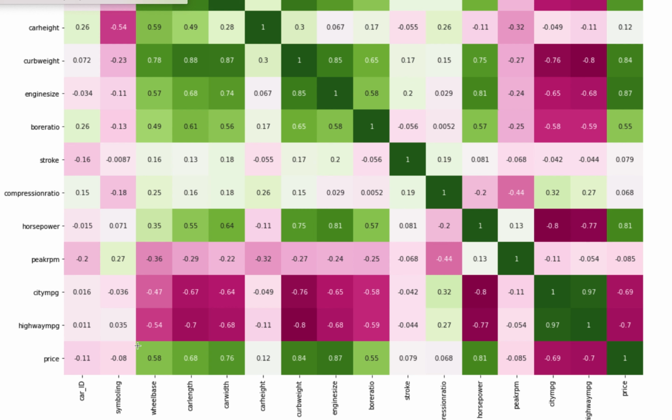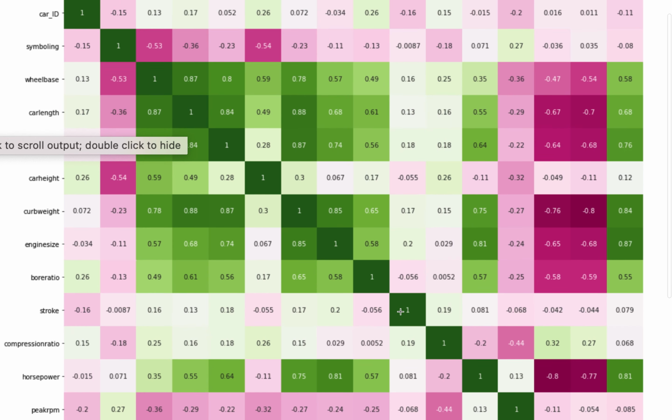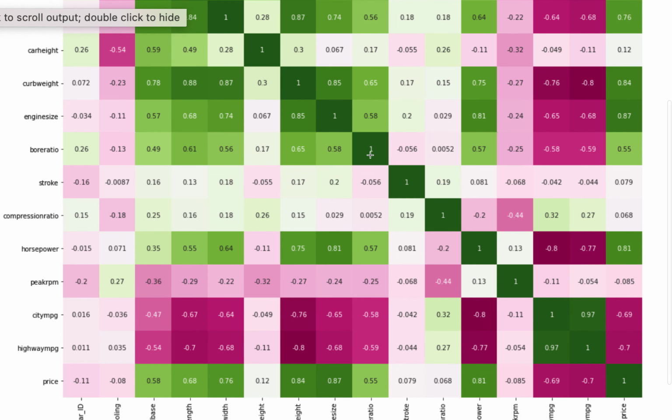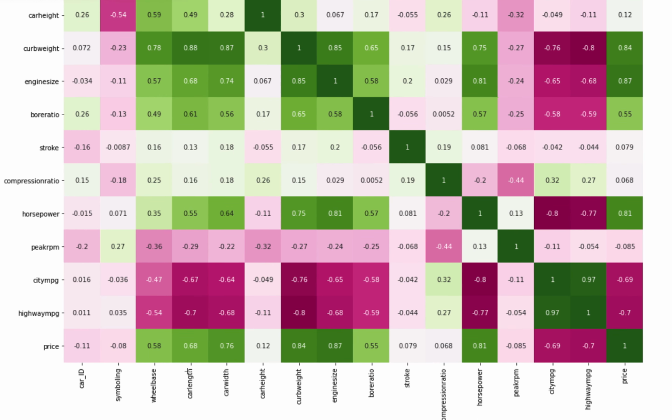But what we want to look for is, again, the ones on the diagonal are univariate, meaning the variable on the same variable, so those can be ignored. What we really want to take away here is which parameters have high correlation with price, right? Now price, if you see, curb weight, engine size, horsepower, and even car width, car length to some extent.